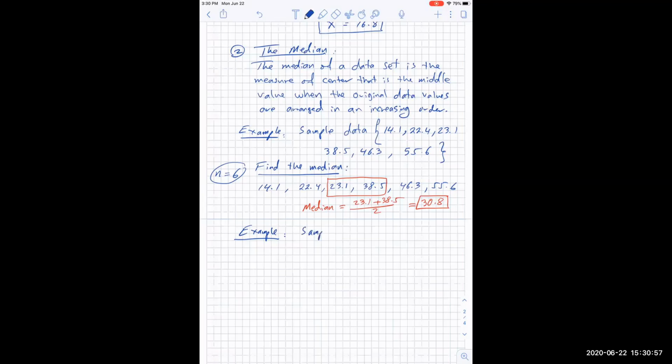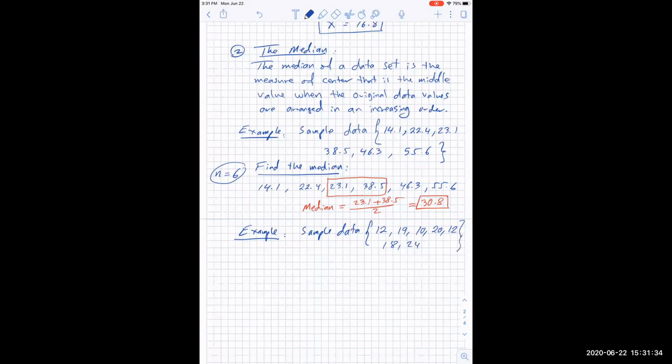Again, consider this sample data: 12, 19, 10, 20, 12 again, 18, and 24.